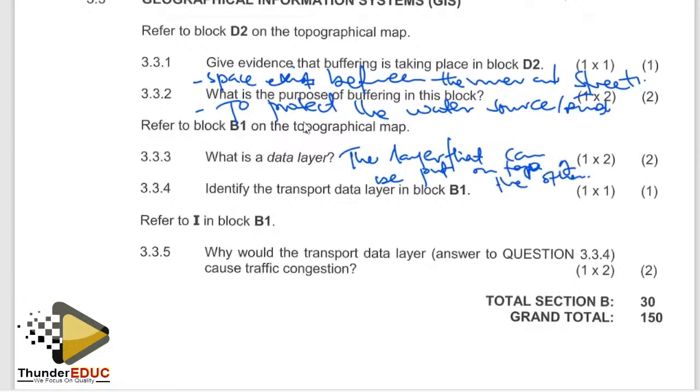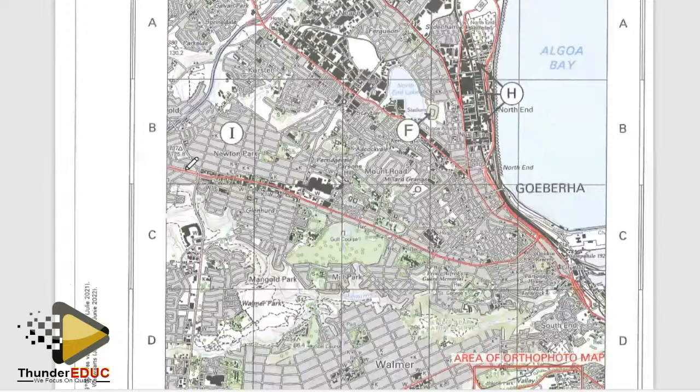Then identify the type of data layer, that is the type of transport data layer. Transport data layer, obviously, is a road. When you check the map here, you see that within this block, there is a road here, there is another road here. So that is transport.